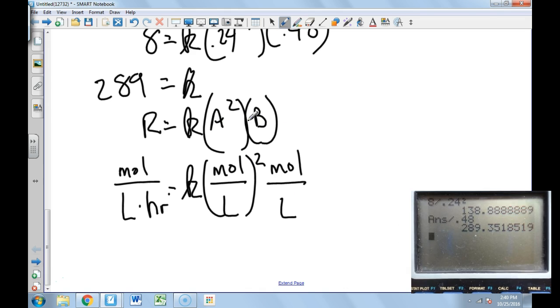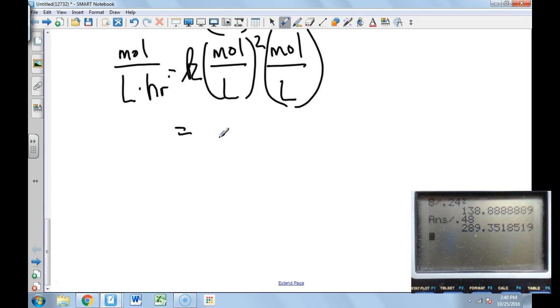So that equals moles cubed over liters cubed, equals moles over liter hour.